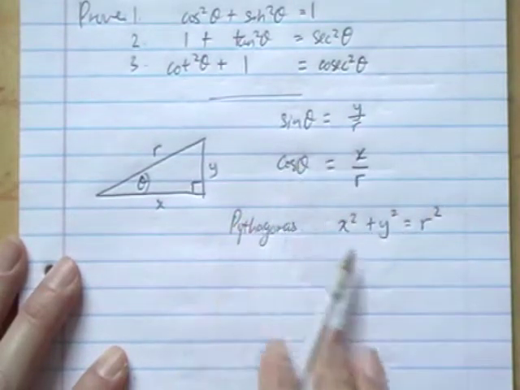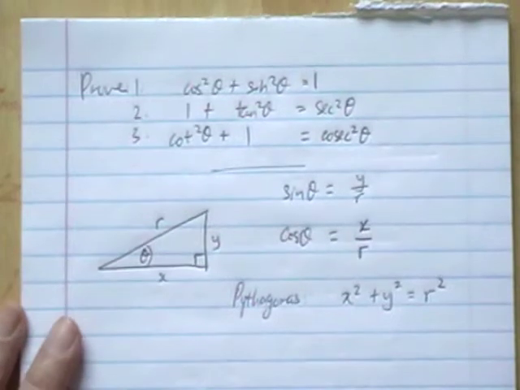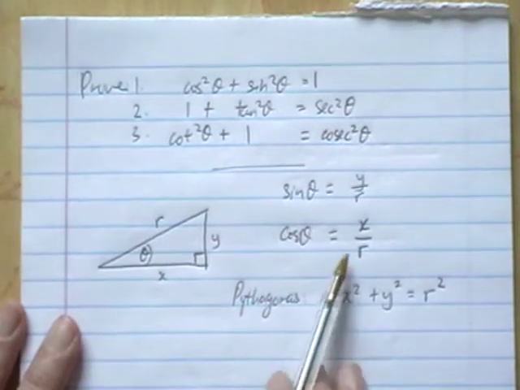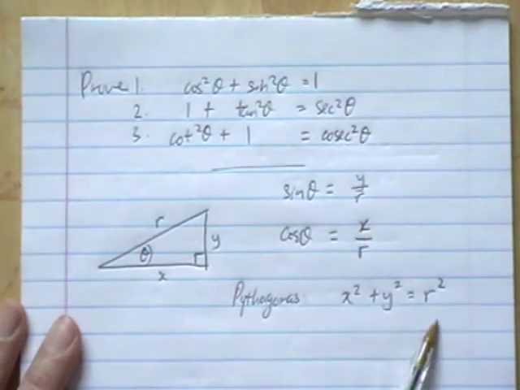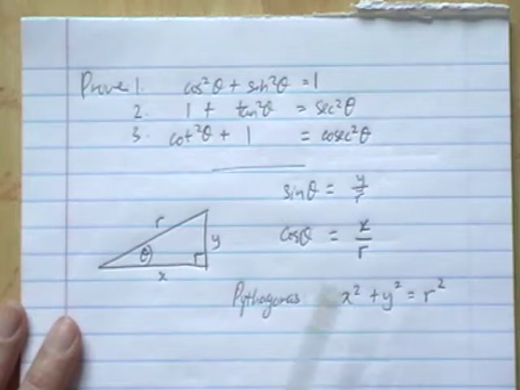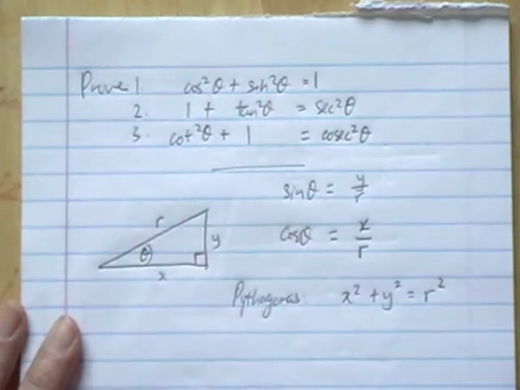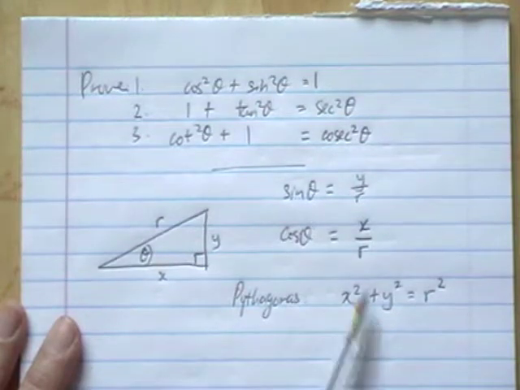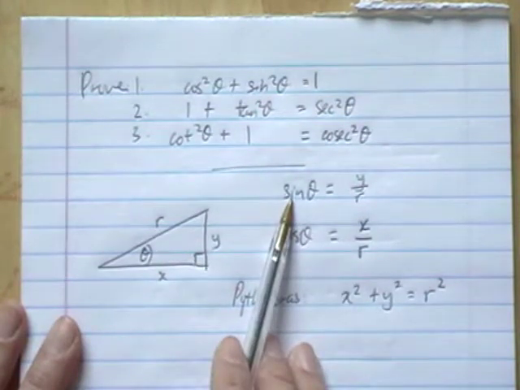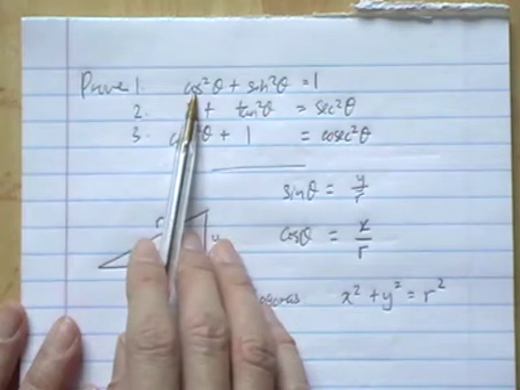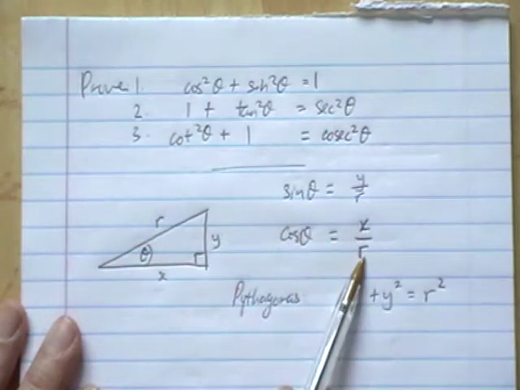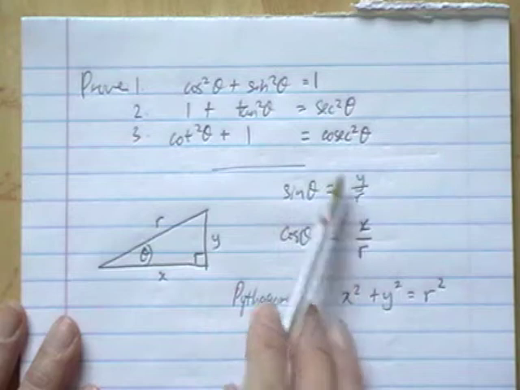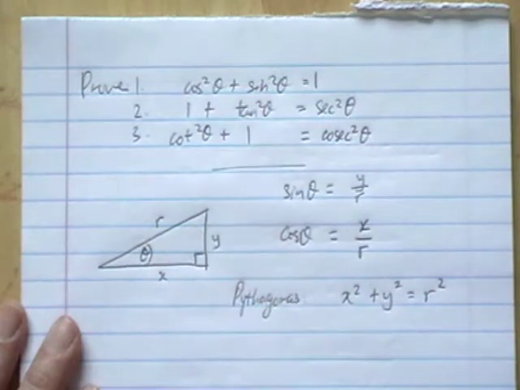And these three relations, so those two definitions and this formula, allow us to prove the first one. Notice that cosine is this formula here, and sine is that formula there.